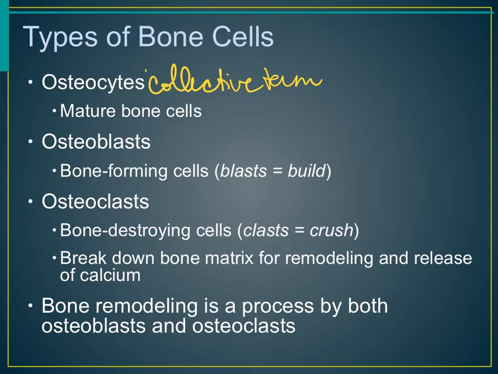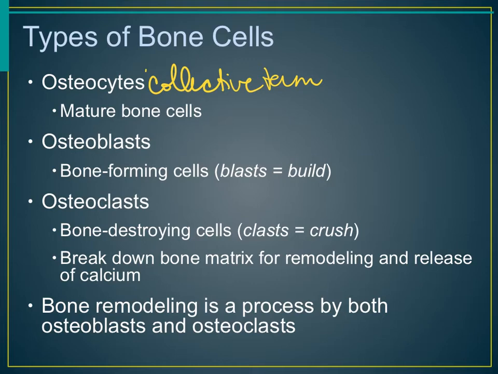So they're bone builders. So if there was a fracture, osteoblasts would come in and build up new bone cells. If you do a lot of, let's say, suddenly start running, then osteoblasts might come and do some remodeling to help strengthen your bones.